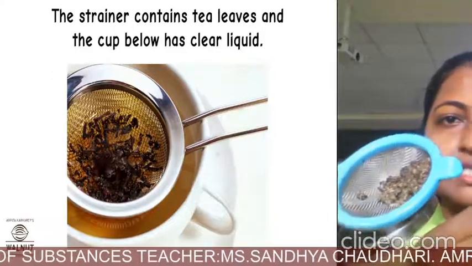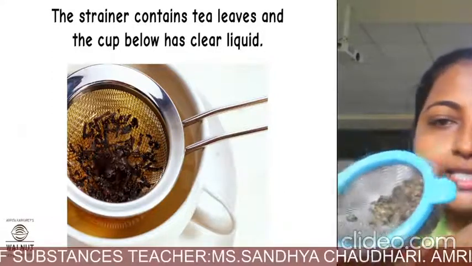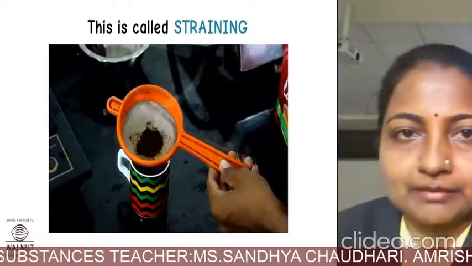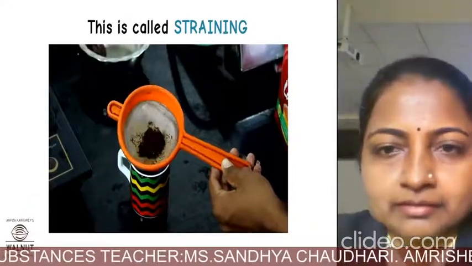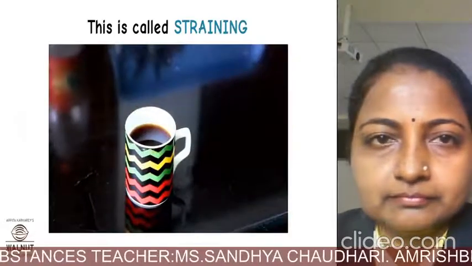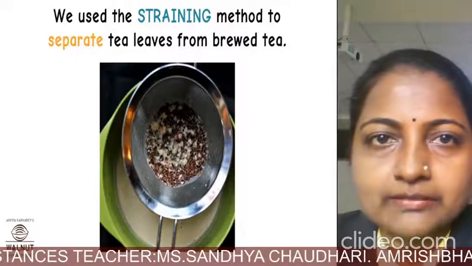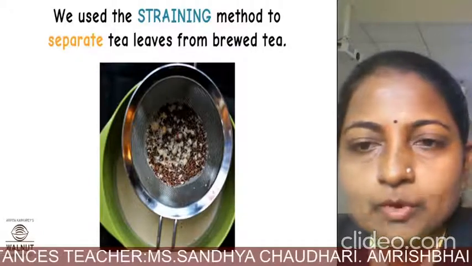The strainer contains tea leaves and the cup below has clean liquid. So this is called straining method. We used straining method to separate tea leaves from brewed tea.